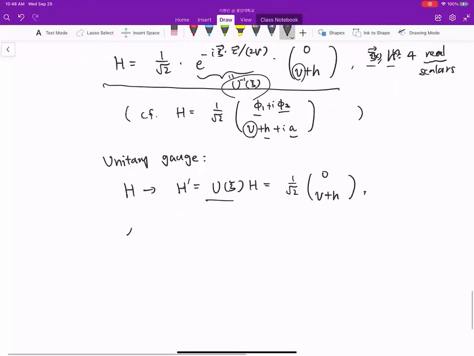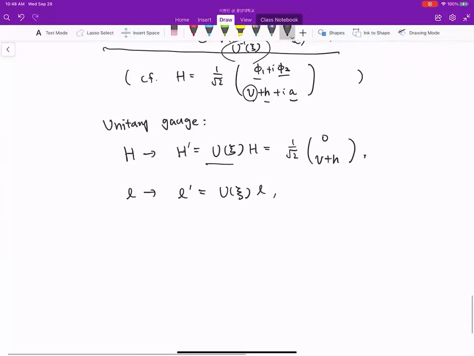And also, when you transform Higgs, you have to transform the other fields too. And also you have to transform the gauge field. The lepton doublet is also transformed by the same transformation parameter.